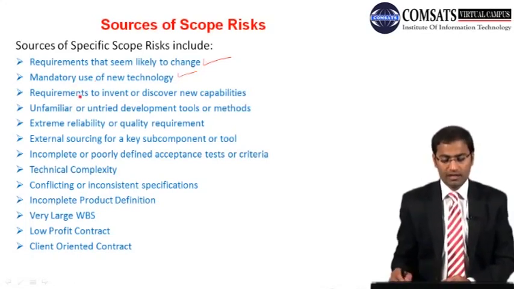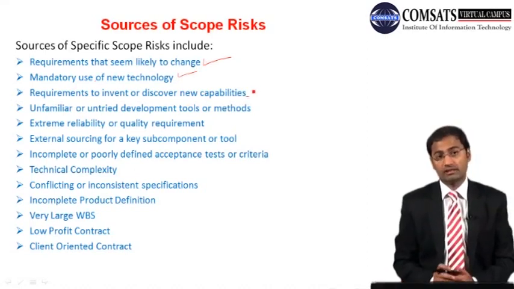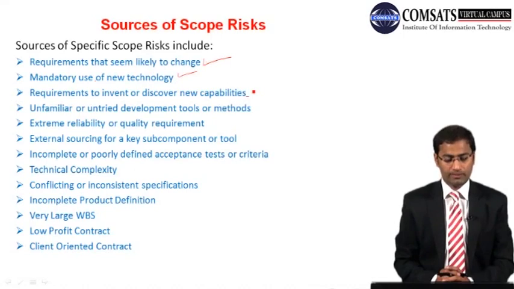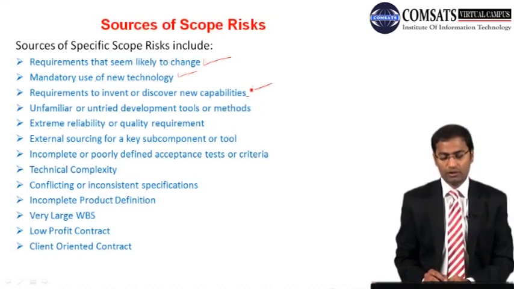And requirements to invent or discover new capabilities. One project is assigned, and through that we want to invent and discover new capabilities. So that is a source of scope risk. Then unfamiliar or untried development tools or methods.